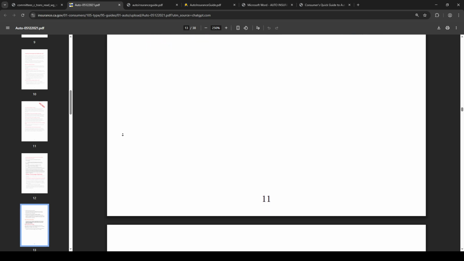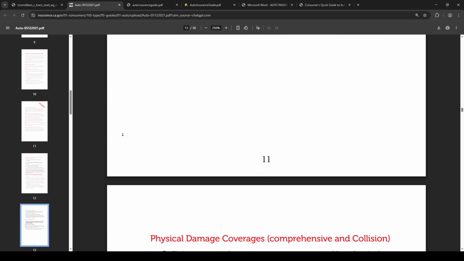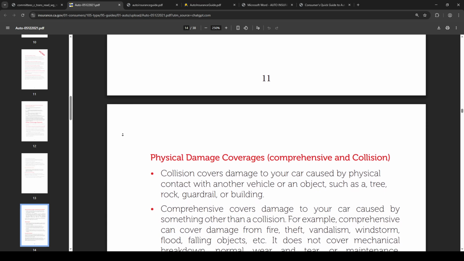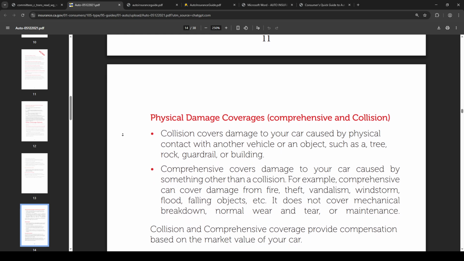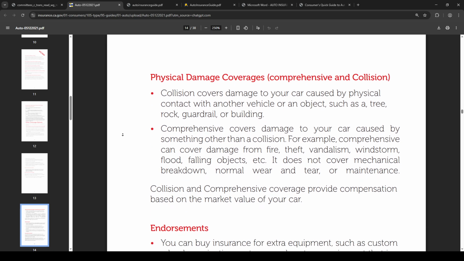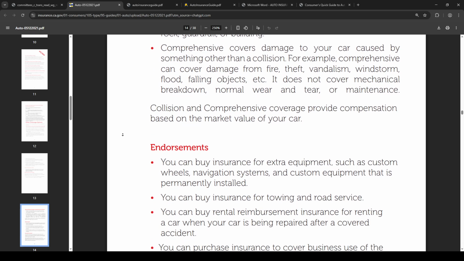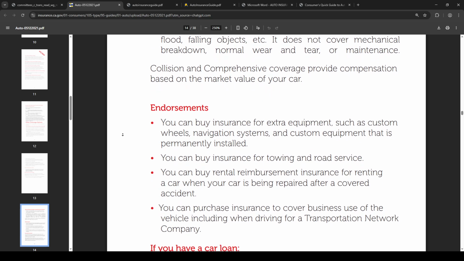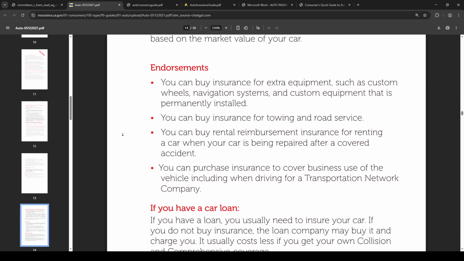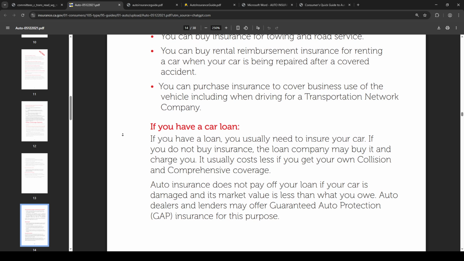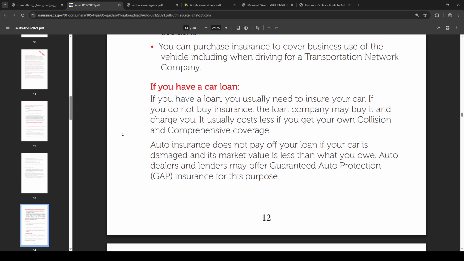But if you have significant savings, a high income, a home, or you are on a path to building wealth, higher limits often make sense because you have more to lose. A practical rule many people use is to carry at least enough liability coverage to cover your net worth, and ideally more, because future wages can also be a target in certain legal outcomes.